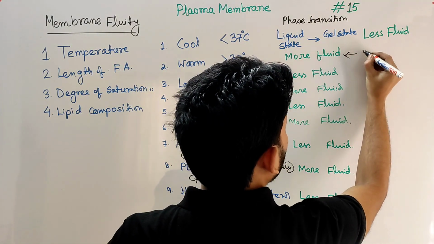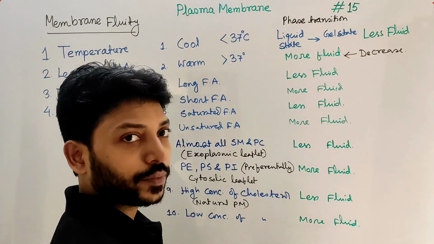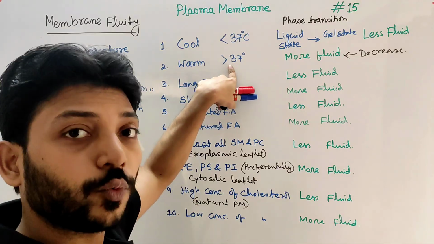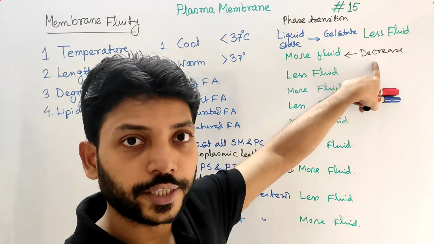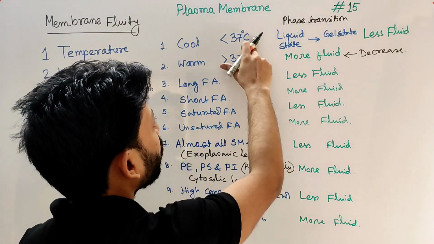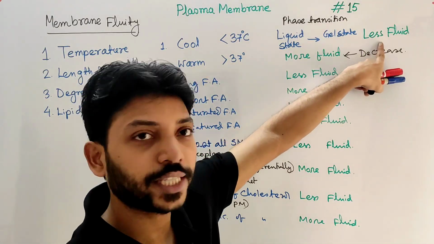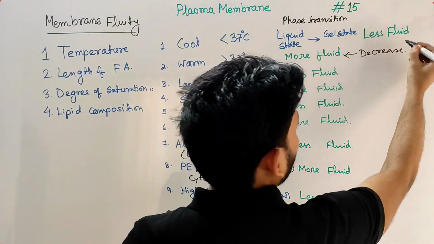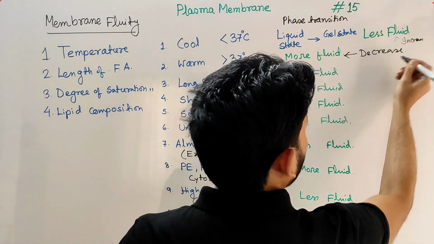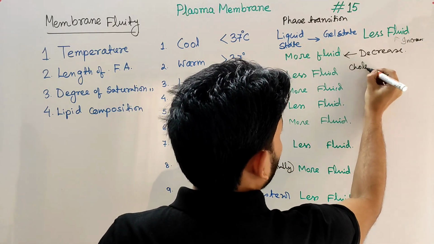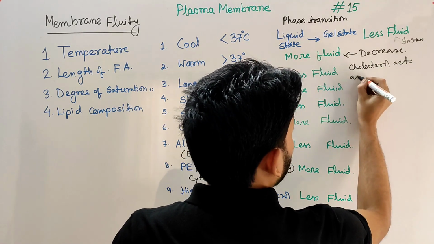Cholesterol will try to decrease the fluidity, because if we warm it more than 37 degrees the membrane becomes more fluid, so cholesterol tries to decrease the fluidity. Also in case of cooling, if we cool down the membrane below 37 degrees centigrade, then it becomes less fluid, so cholesterol then tries to increase the fluidity. So here cholesterol actually acts as a buffer.